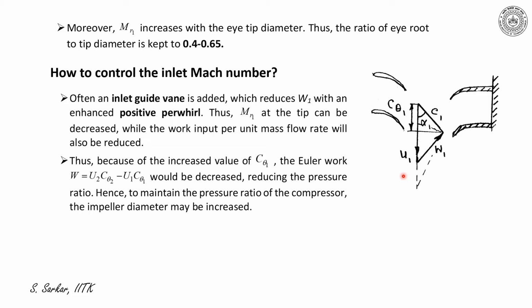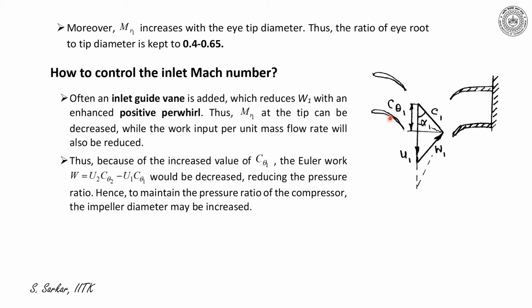The vectorial addition of U1 plus W1 would be equal to C1. Now because of the inlet guide vane, C1 will be tilted at an angle alpha 1 with respect to the tangential direction, providing the additional swirling component, which is indicated here by C theta 1.